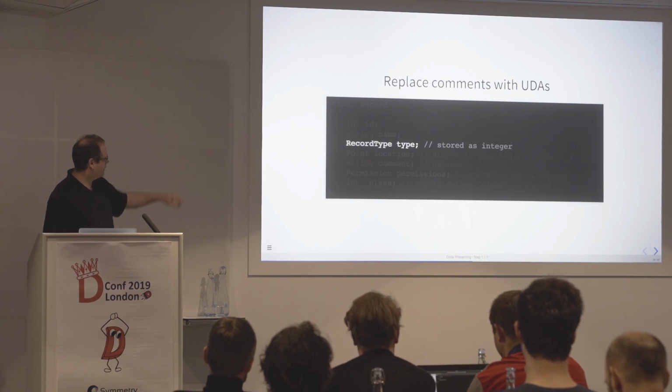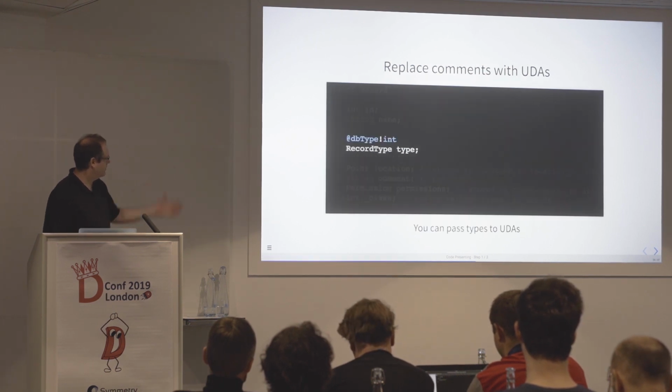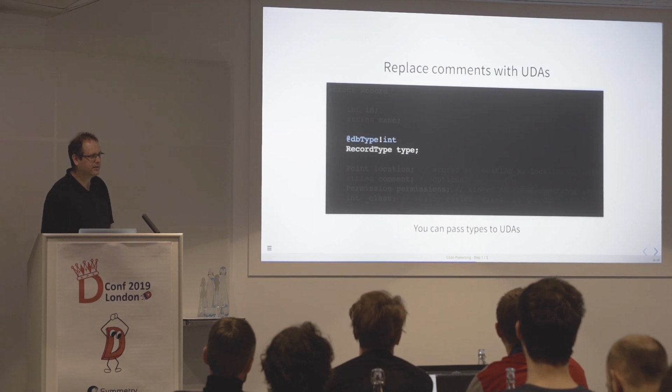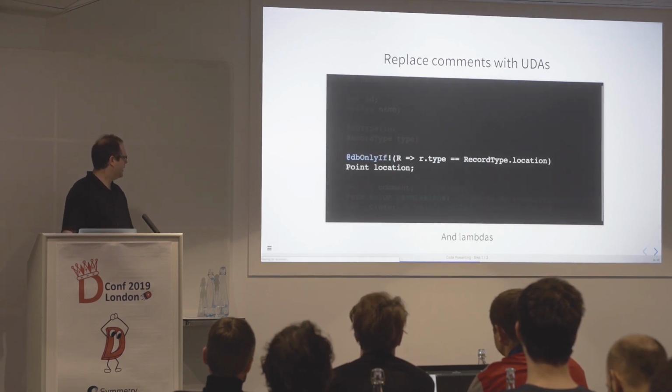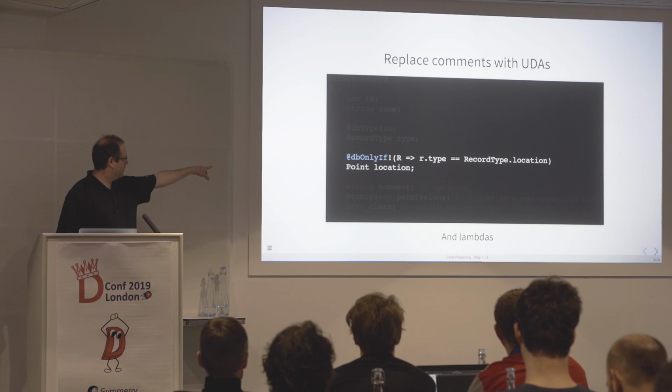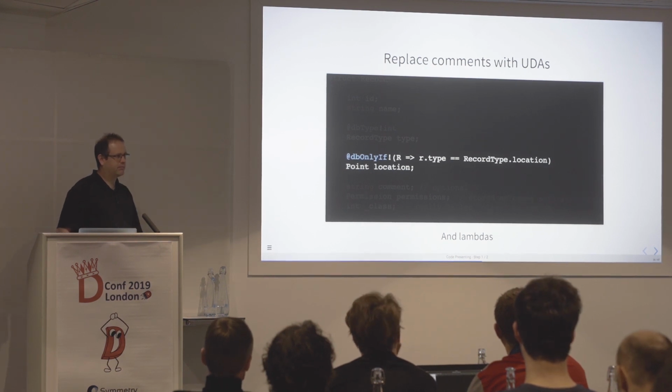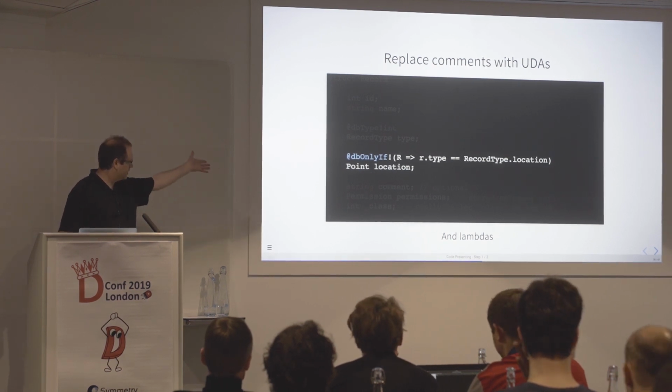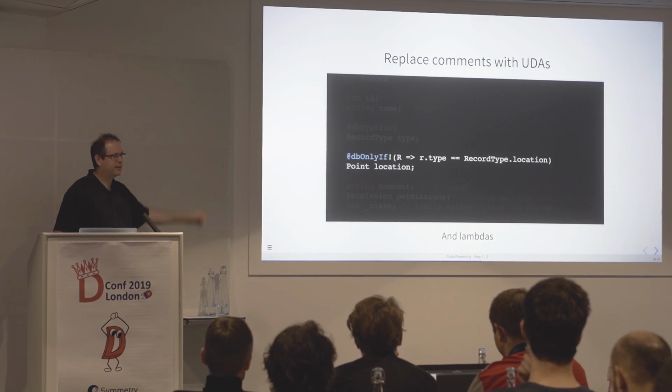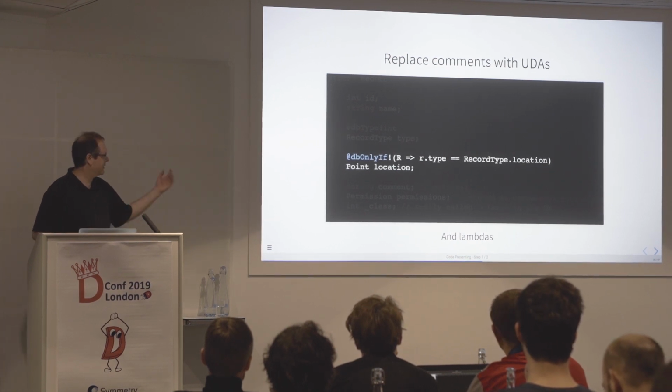We have this record type says stored as an integer. Well, I'll just put a UDA in there. That's fine. Location, only stored if the record type is location. I didn't actually write these UDAs, but they're all writable. You could do these things. And here we're giving it a lambda.